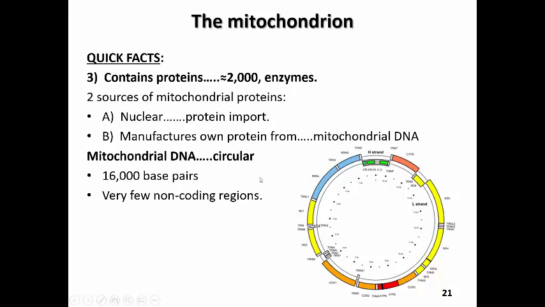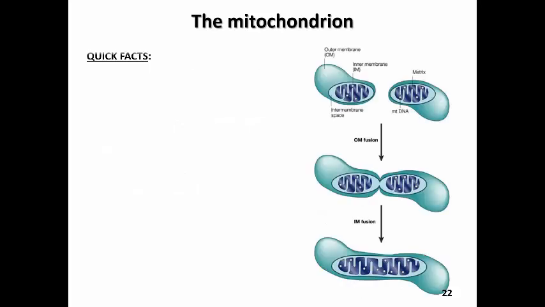Mitochondrial DNA is considered to be a little bit more efficient in that it is mostly made up of what are called coding regions, and those are portions of the DNA molecule that house the specific instructions on how to make a protein.